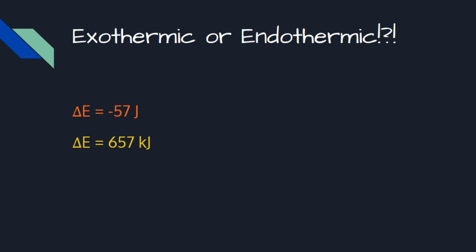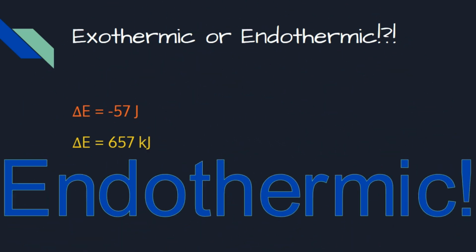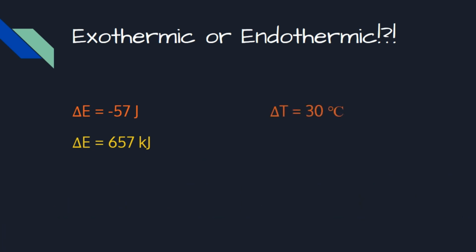Here's another example. My delta E is 657 kilojoules, 657,000 joules. Is this exothermic or endothermic? Well, of course, this is endothermic. My products have more energy than my reactants, which is why delta E is positive. Where did that energy come from? Of course, it was absorbed from the environment. Here's another example.